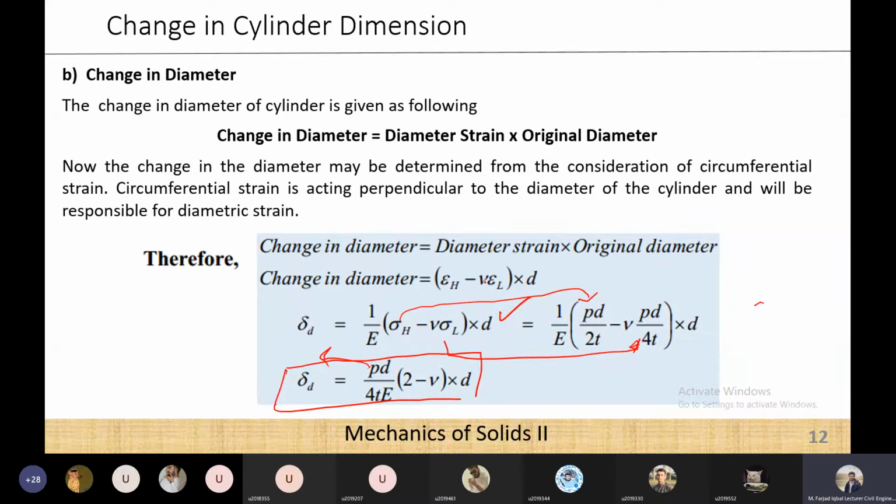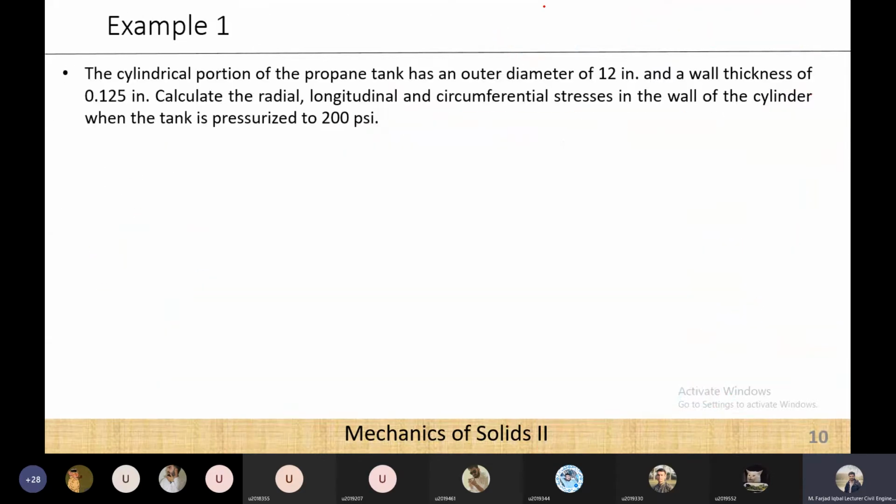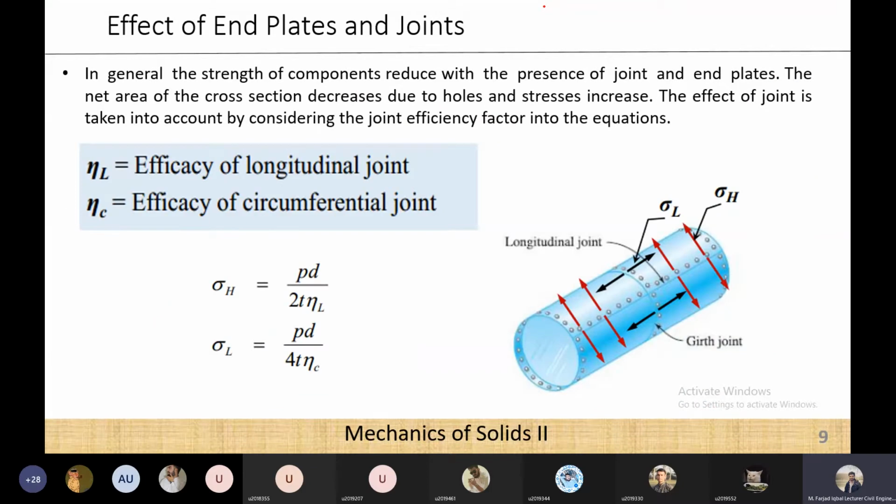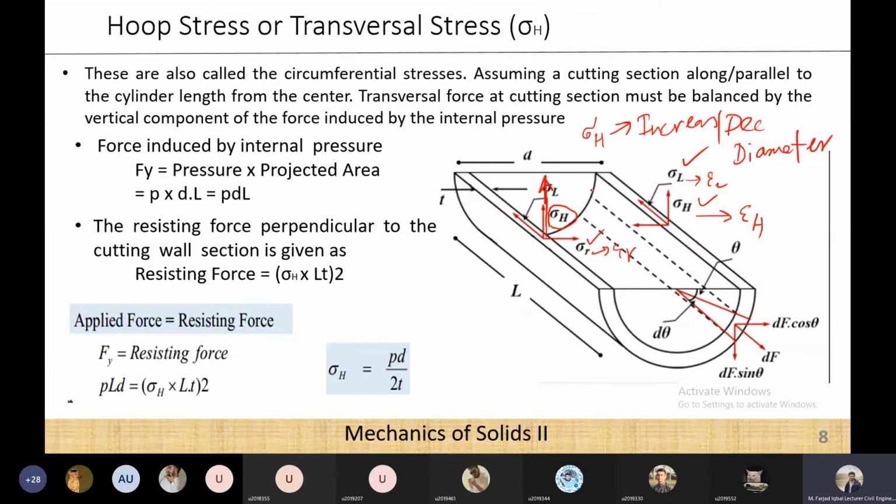So this is how you calculate the change in diameter. The important thing that you should remember, because these derivations are not complicated, is this very important diagram. If you have this diagram, you can easily figure out which stress is causing the change in diameter, which stress is causing the change in length, and all such factors.